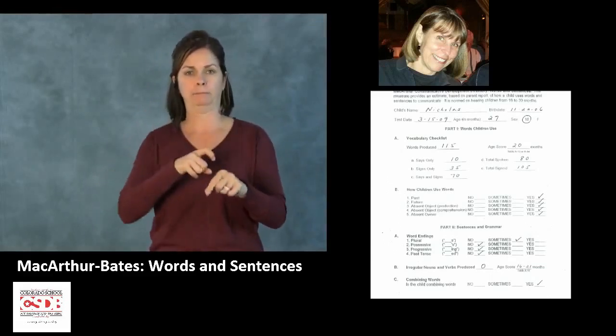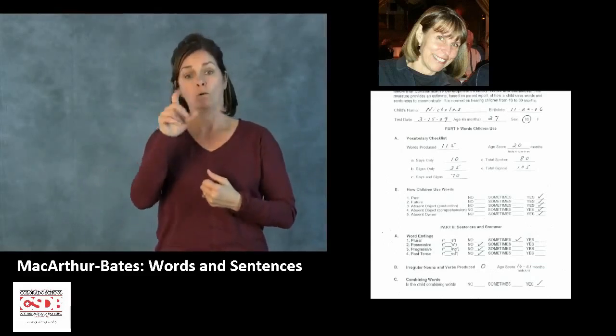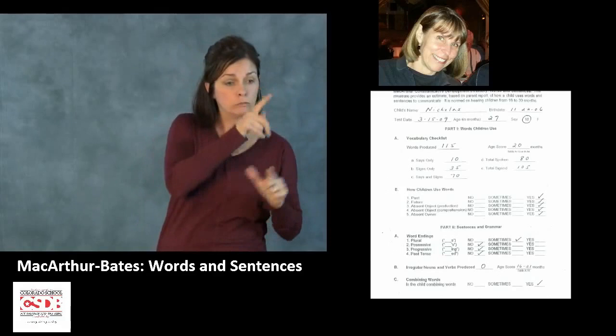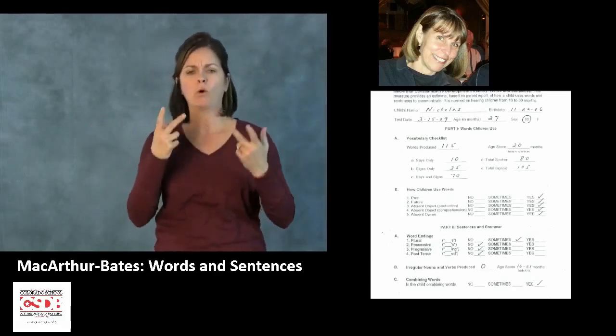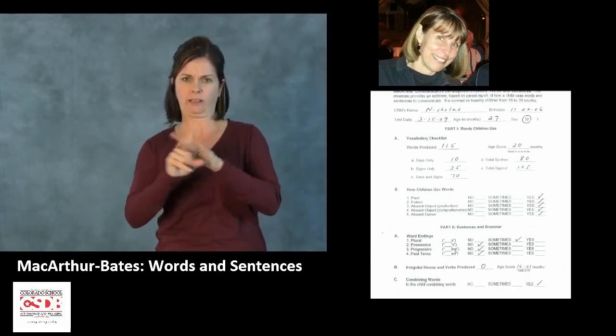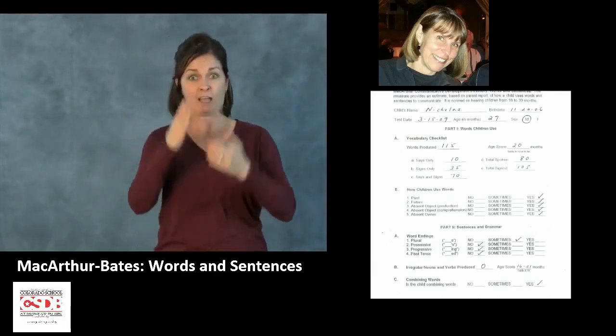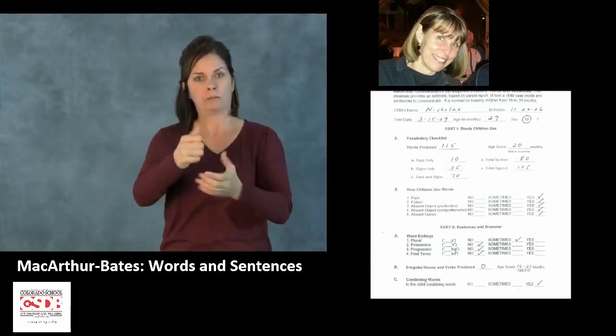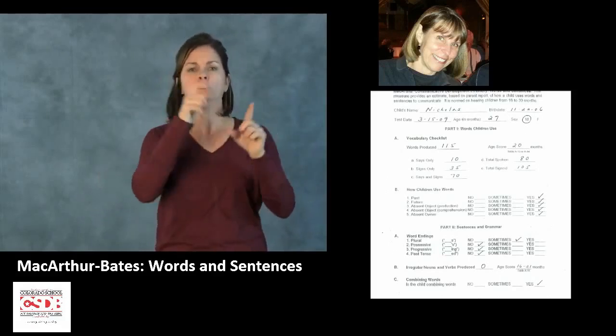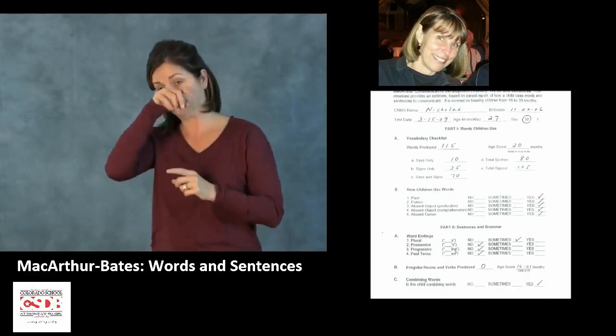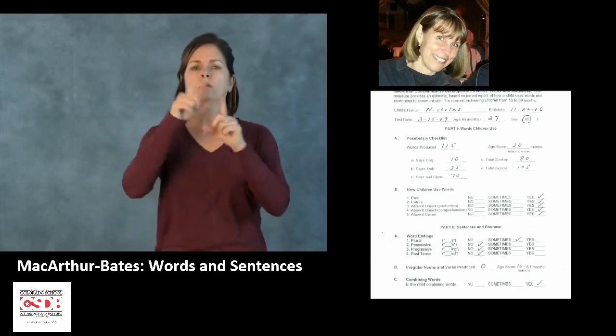So for a child who's using both spoken language and sign language, or you're trying to track changes over time in the use of spoken and sign language, this breakdown can be very helpful to give you an idea of what proportion of words are spoken, what proportion are signed, and what proportion are being done in both modalities.